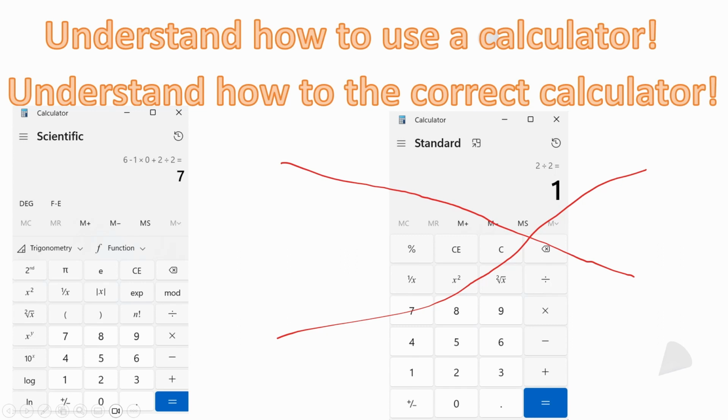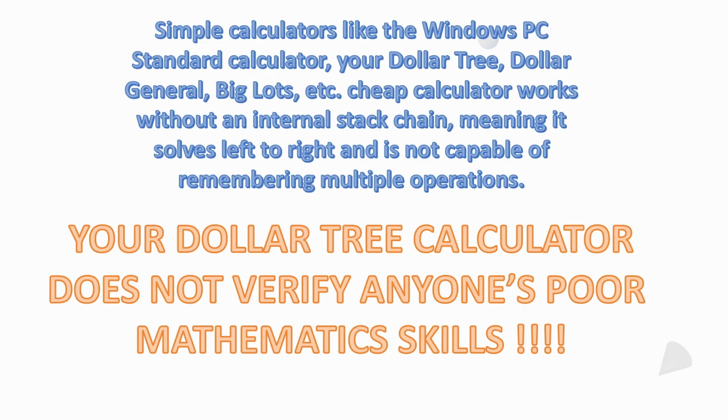So you have to be careful about calculators. They're only as good as the human using them and the understanding that person has of whether it's the right calculator. But like I said, simple calculators like the Windows PC standard calculator, your Dollar Tree, your Dollar General, your Big Lots special calculator, all those cheap calculators work without what's known as an internal stack chain, basically a memory, meaning it solves left to right and it's not capable of remembering multiple operations.